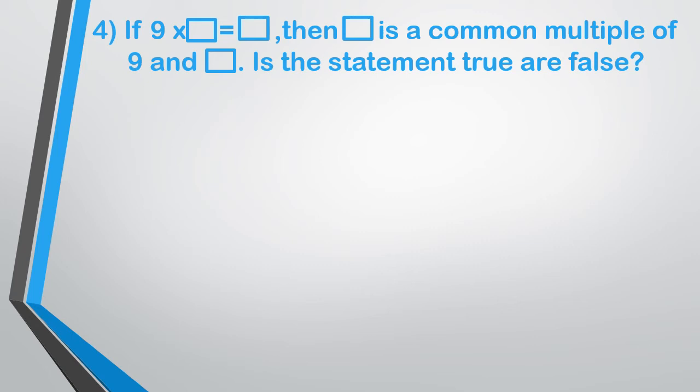If we multiply 9 by any number, then that number is a common multiple of 9 and that number. If you take 9 into 1, 9 ones are 9, then 9 is the common multiple of 9 and 1. If we take 2, 9 2s are 18, then 18 is the common multiple of 9 and 2. So the statement is true.